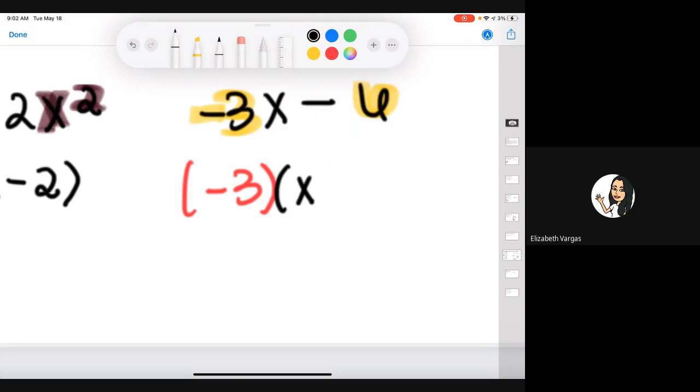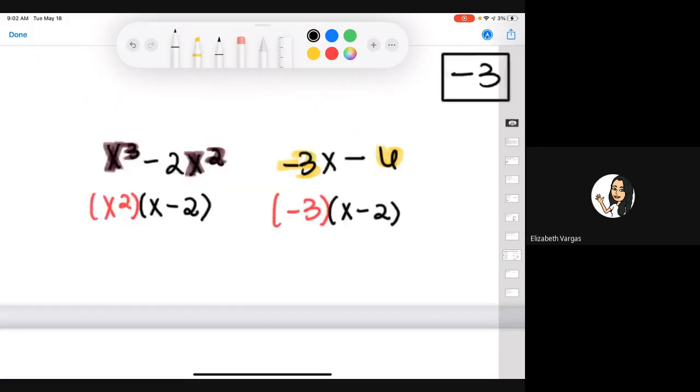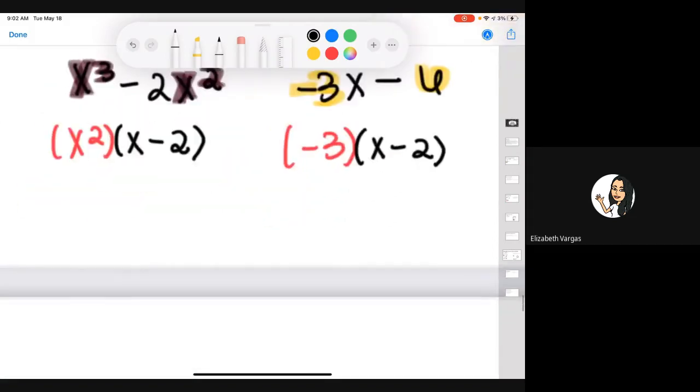-3 and -6. What times -3 gives me -6? The answer is -2. And so there I have factored out my expressions. And what I notice is now I have like terms, and those I'm not going to write twice, I'm only going to write once. Then I have unlike terms, and those I'm adding together.